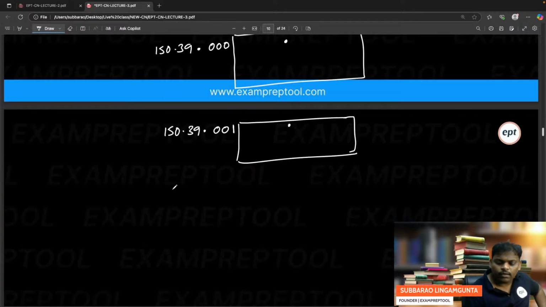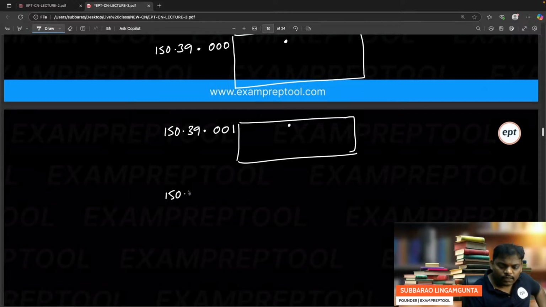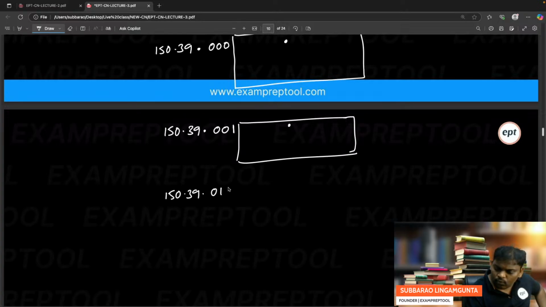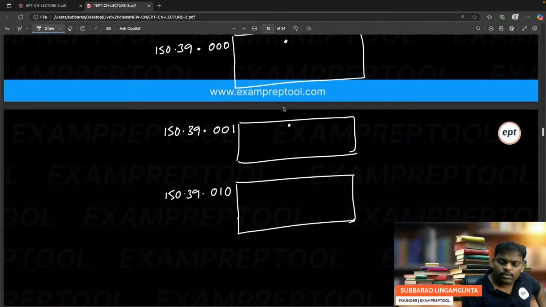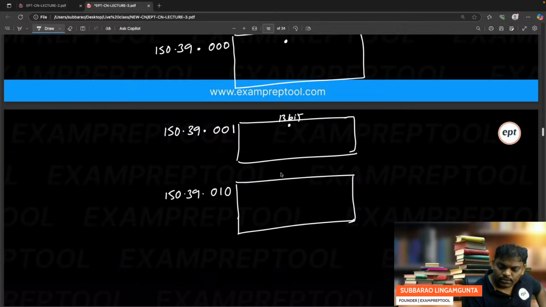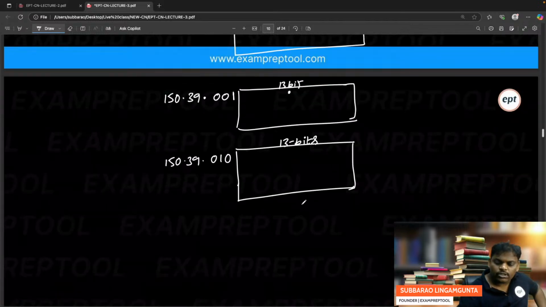One more part: 150.39, 000, then 001, next one is 010, followed by the same story. This box is host. Host means 13 bits. Be careful, host is 13 bits.